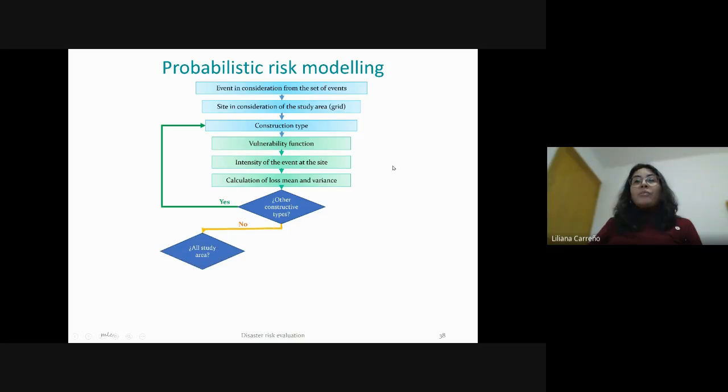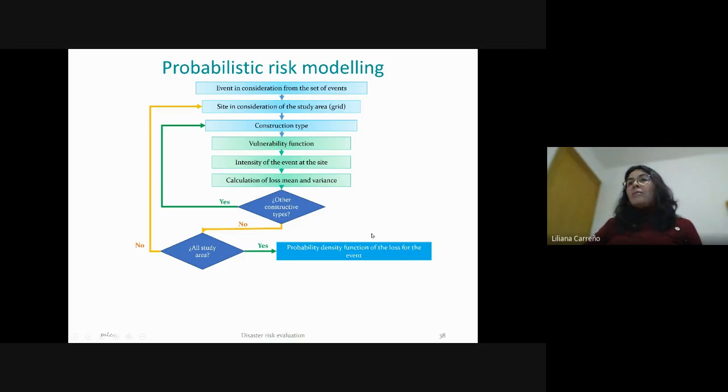If not, I can ask now: have I analyzed all the study area? If not, I can repeat these steps, or if I finish all the area, I can calculate the probability density function of the loss for the event.